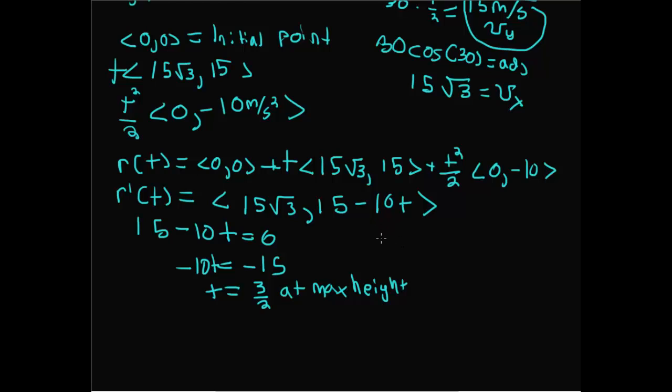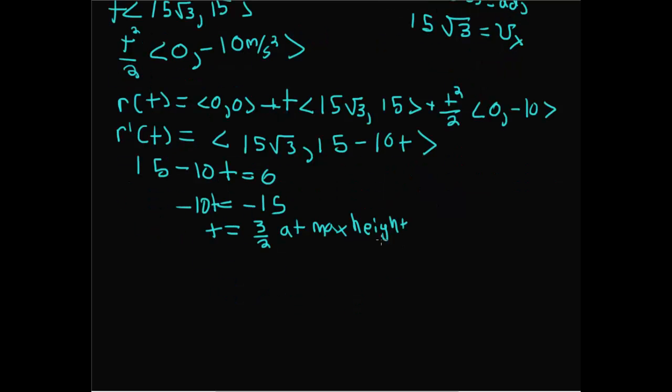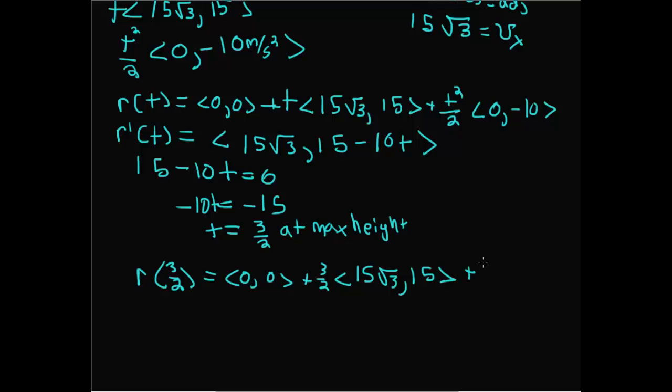So to do that, we are going to input 3 halves into our position function. 0, 0 plus 3 halves times 15 root 3, 15 plus 3 halves squared over 2 times 0, and negative 10.